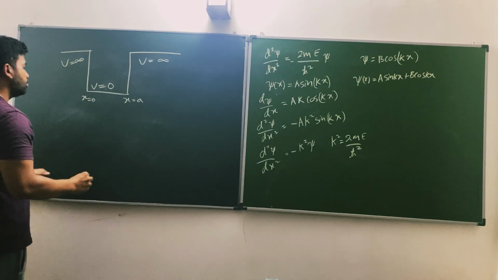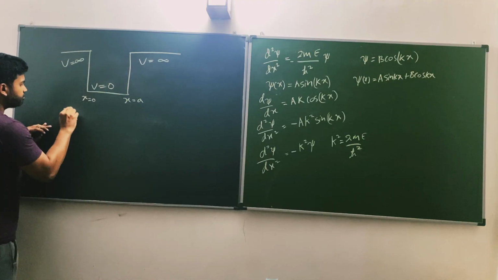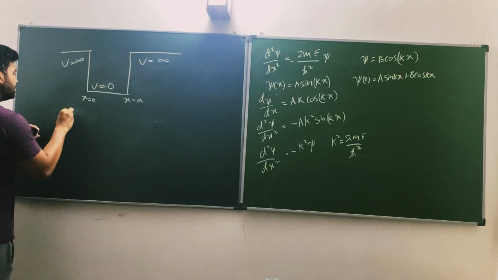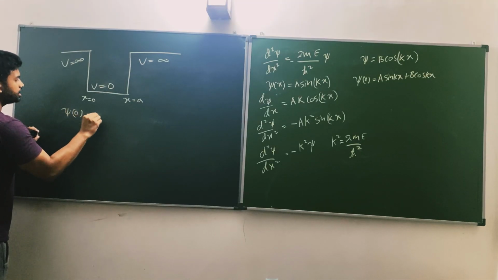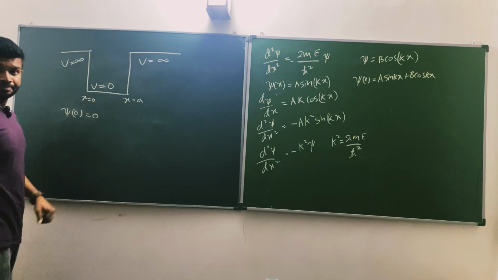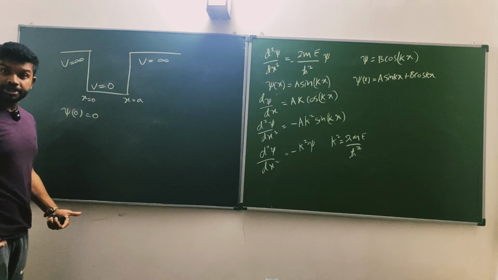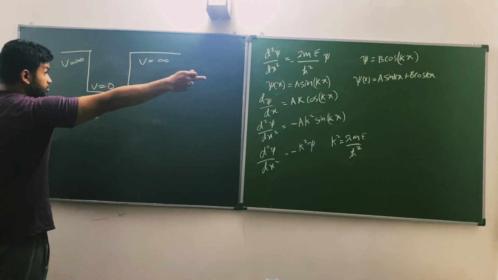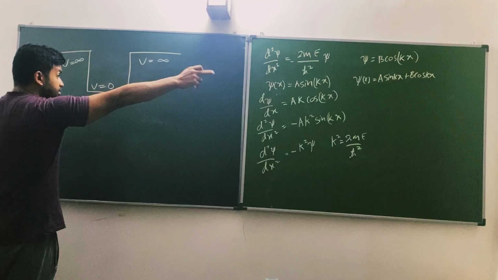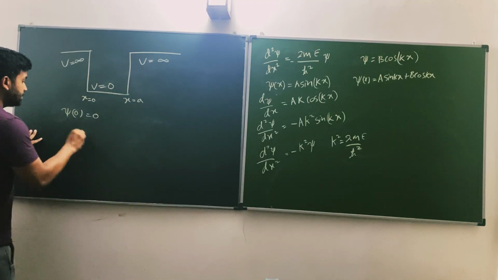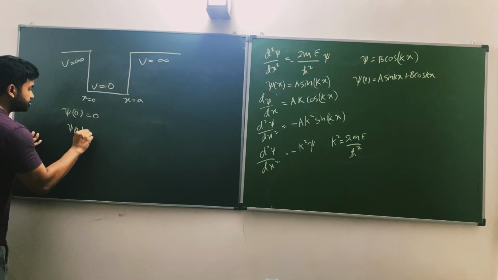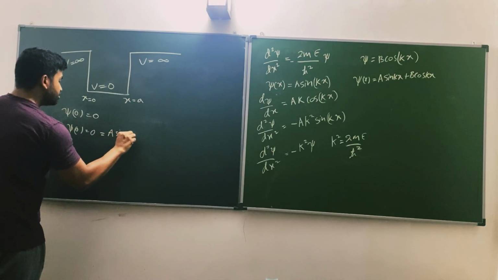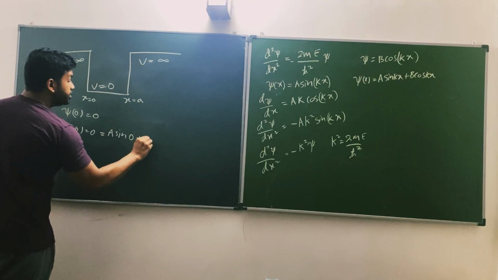As we already know, phi of x, when x is equal to 0, phi 0 must be 0, because the particle can't ever reach this end, because of that infinitely large potential. So when I substitute that value into the wave function that I have already found, phi 0 is equal to 0, which is A sine 0, because x is 0, plus B cos 0.